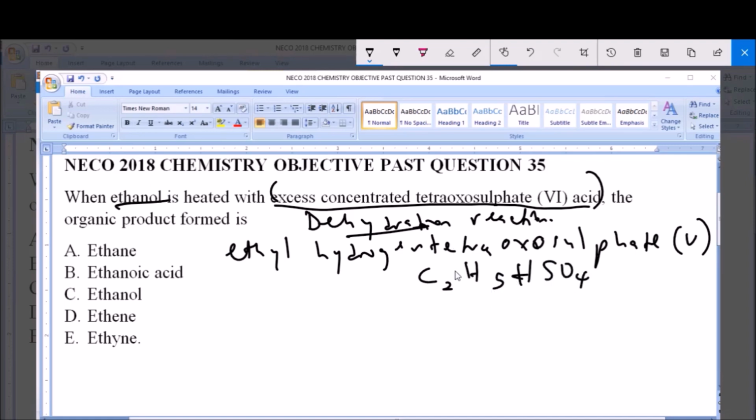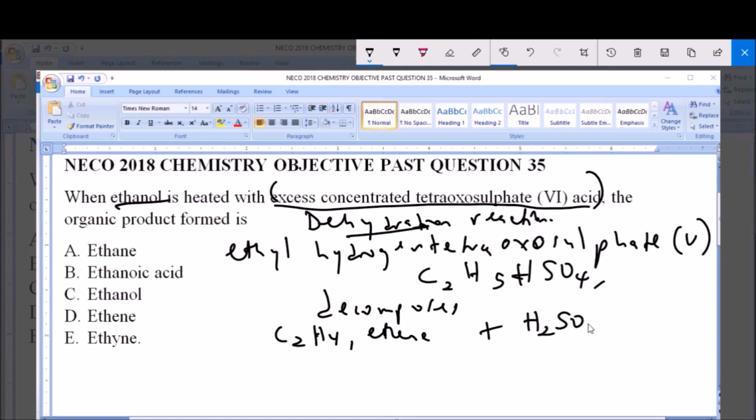This product further decomposes to yield the final organic product C2H4, which is ethene, and also yields tetraoxosulfate 6 acid.